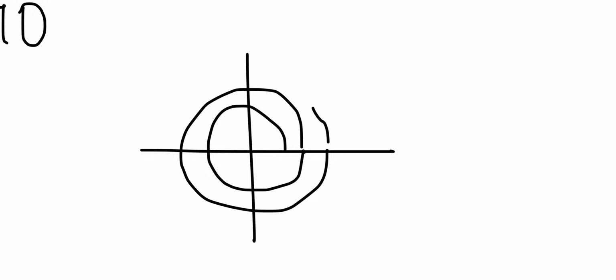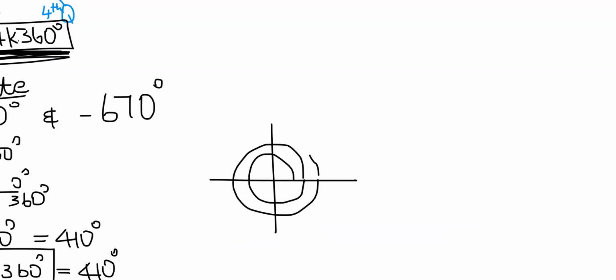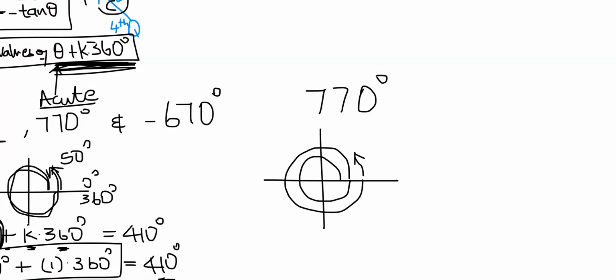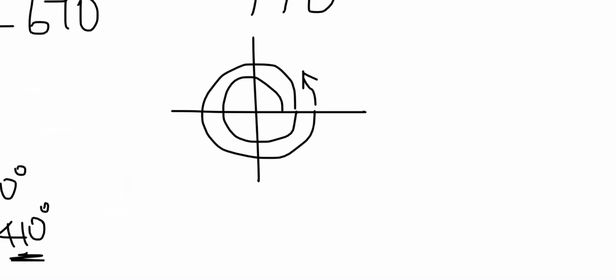Then it means it ends there. So this one of 770 degrees, because it was a positive angle, you would realize that I was swinging it in that direction. So that one doesn't really matter that much. So in this case, you will easily say, to rewrite it in that function value of angle plus k times 360, we will say 770 is the same as 50 degrees that we add to how many 360s did we swing?